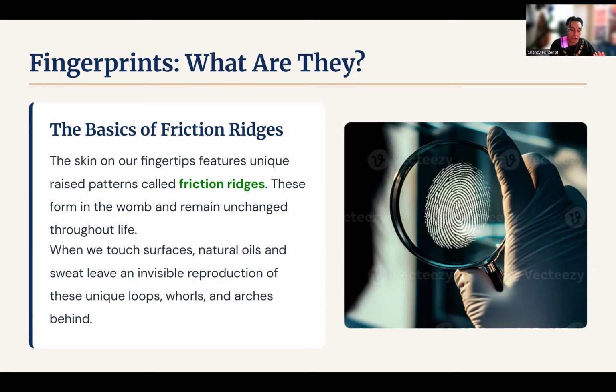They form right before you're born and they stay exactly the same throughout your entire life. Because of the natural oils and sweat on your skin, whenever we touch something, we leave behind a stamp of those ridges. They're usually loops, whorls, or arches. In forensics, we call these latent prints, which means that they're hidden from the naked eye until we dust or chemically treat them.